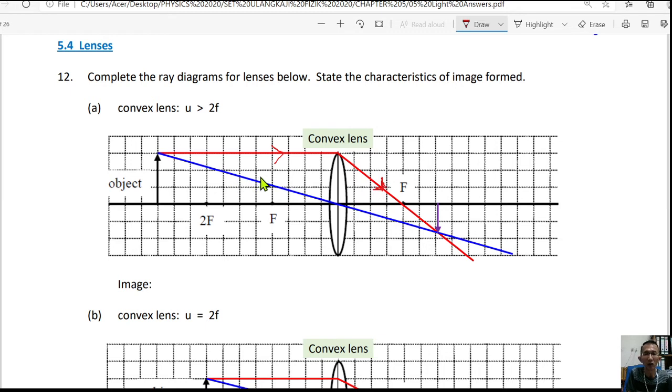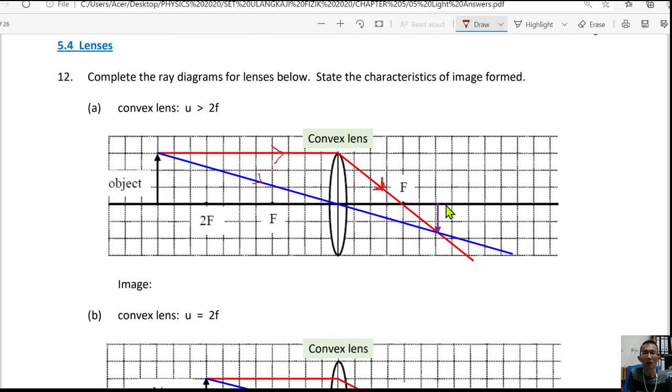Next I draw the blue line hitting the optical center. What happened? It will just go straight. The light will not be deviated. There's no deviation, no deflection if it passes through the center of the optic. What is next? Find where the red line and the blue line intersect. It intersects here, right? So the head of the arrow must be here, and then the foot must be on the principal axis.